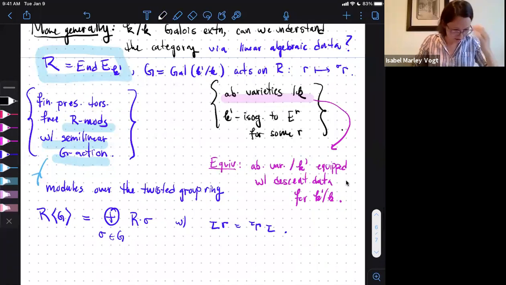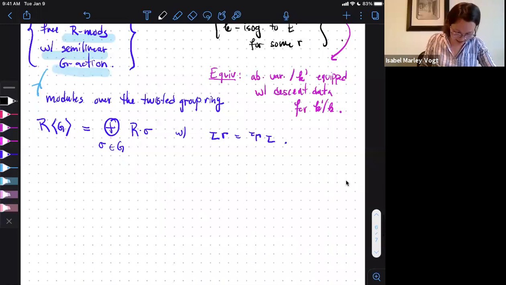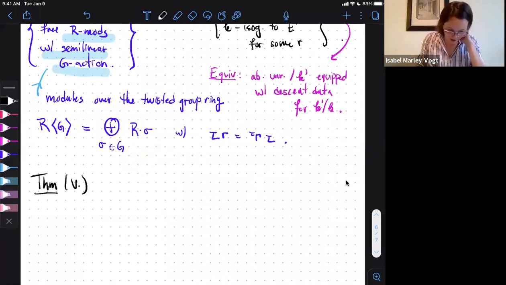And the thing that I constructed in this paper, I'm going to state it as a theorem with a bunch of nice properties which go as part of this theorem.